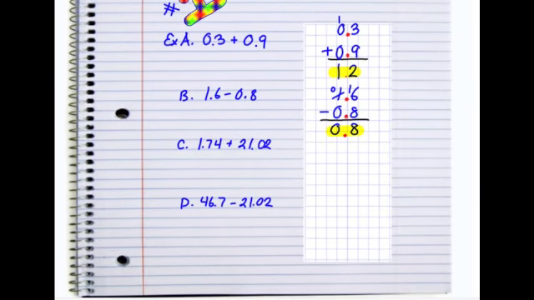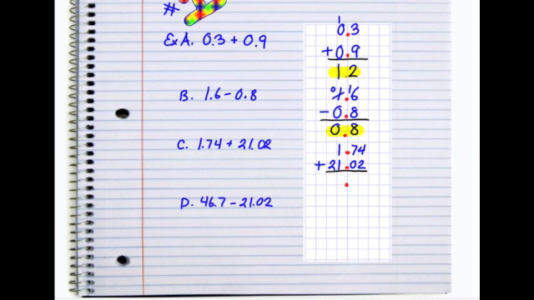The next problem I have is 1.74 plus 21.02. Again, I'm going to line up my decimals and write in my problem. The first number is 1 and 74/100ths, and the second number is 21 and 2/100ths. Wait, here's a little bit of a conundrum.